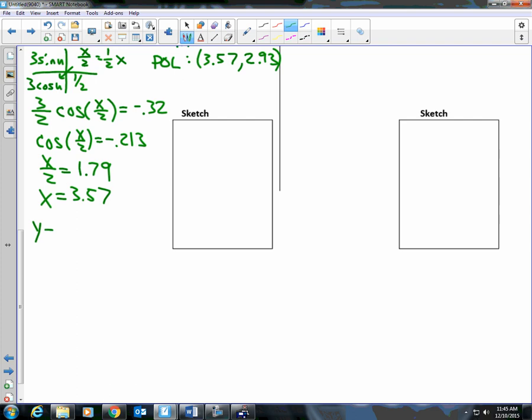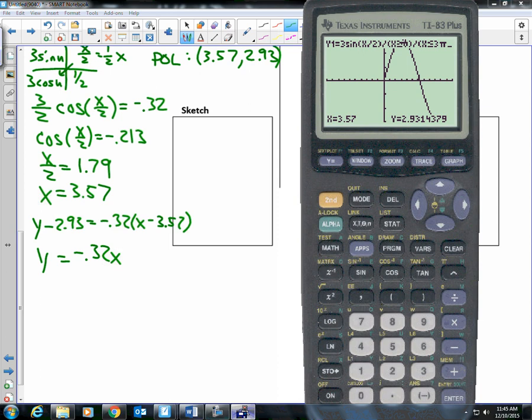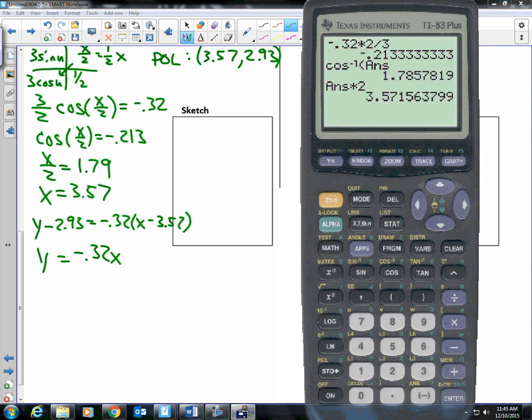So we have y minus 2.93 is equal to, what's my slope? 8.32 times x minus 3.57.